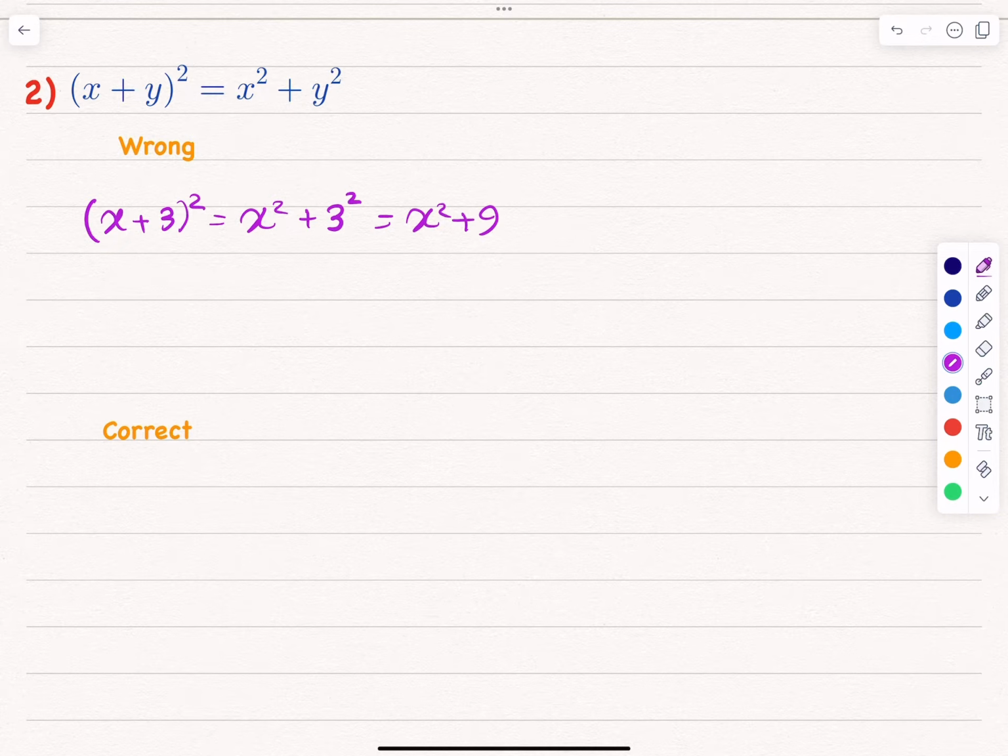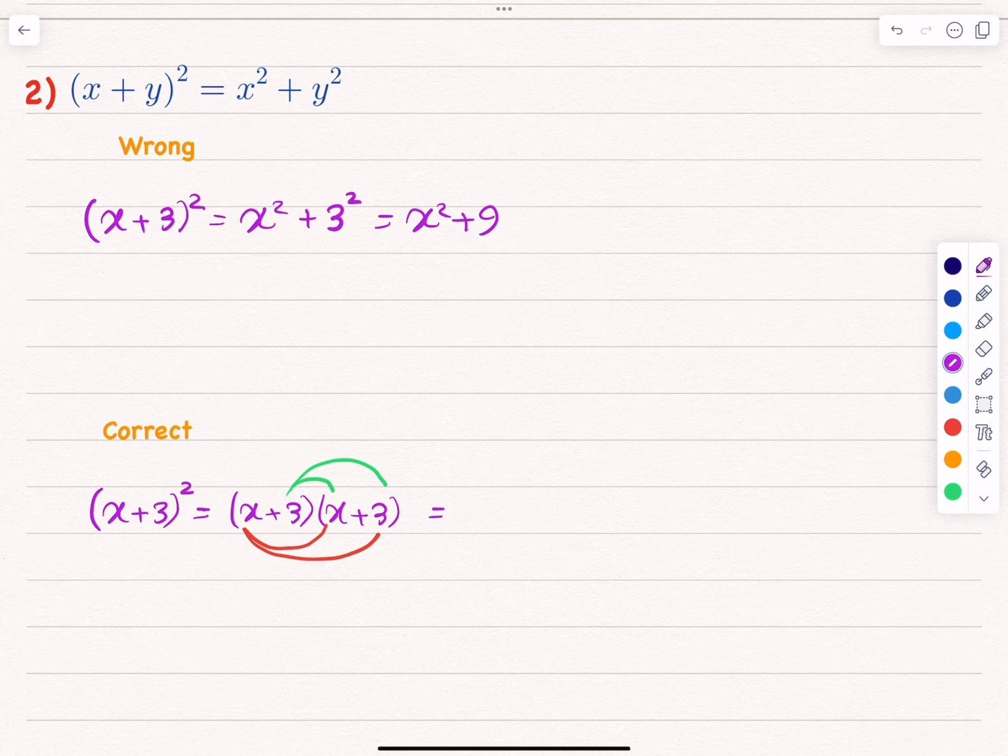To do it in the correct way, we can do x plus 3 squared like this. We know that anything squared means it's multiplied by itself twice, like this. And now we're gonna FOIL this or expand this completely. So we will multiply x by x and then x by 3. Then 3 by x and 3 by 3.